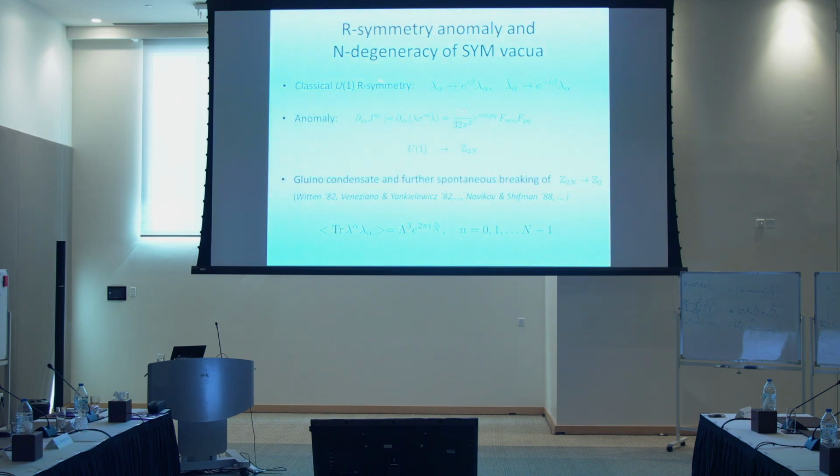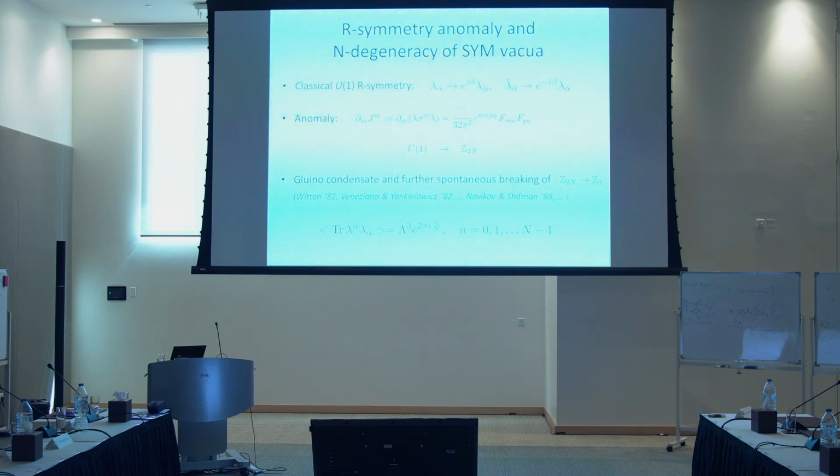This is U(1) R symmetry, which rotates the fermions lambda, but it's anomalous, so the current is not conserved due to the chiral anomaly, and the chiral anomaly has this structure here, where one can see this coefficient 2n, which distinguishes it from the chiral anomaly of the fundamental representation, where there would be 1 here instead.